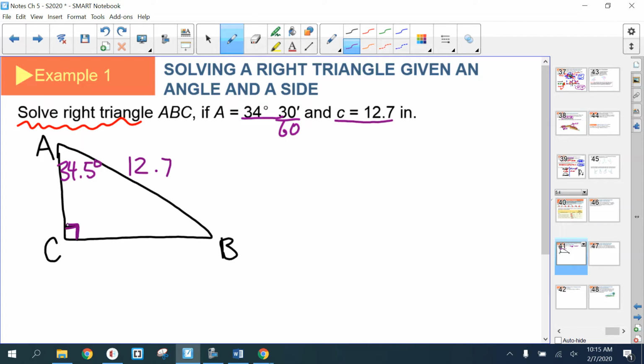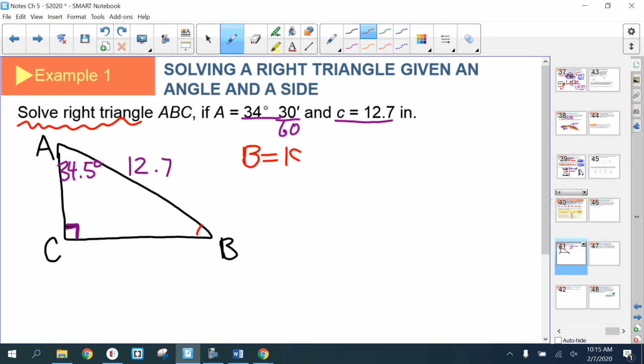I need to find all the other missing parts, okay? So usually what happens is whatever they give you 2 of, it's easiest to find the third. So if you look at your picture, we have 2 angles. It should be pretty easy to find the third angle because we remember something from geometry. We remember that the 3 angles in a triangle always add up to 180.